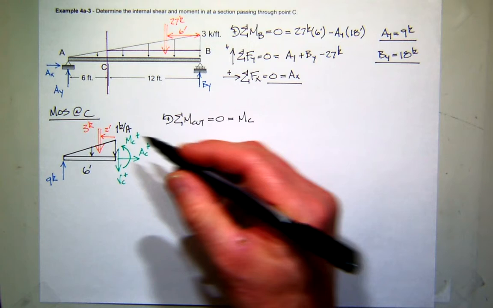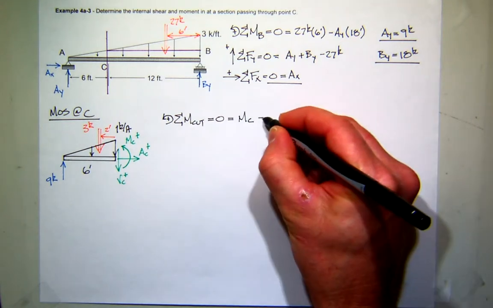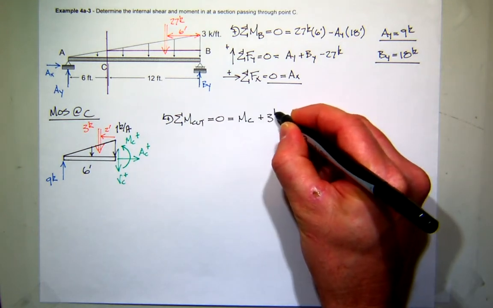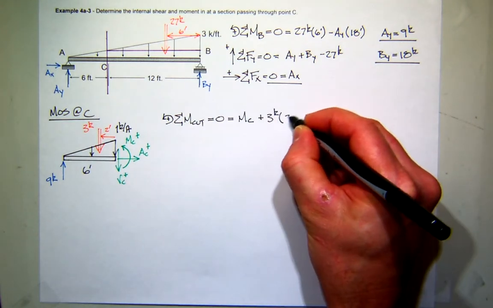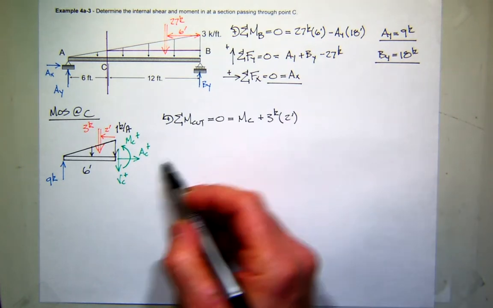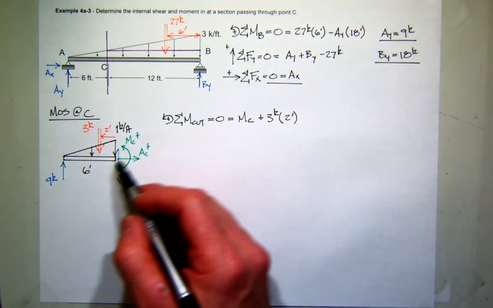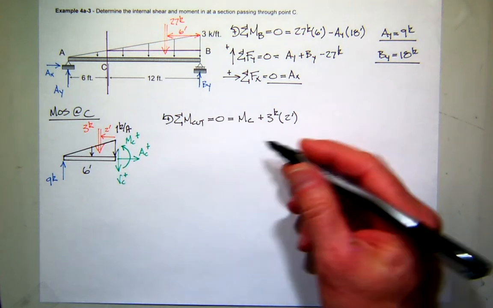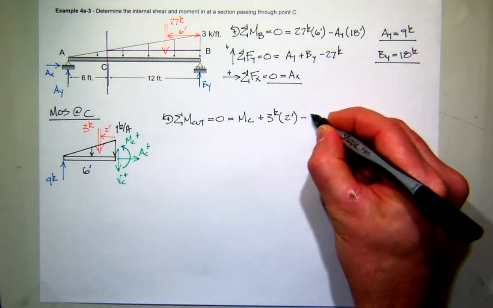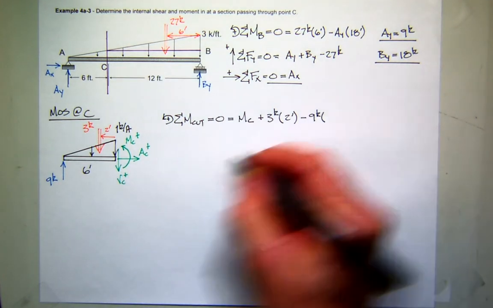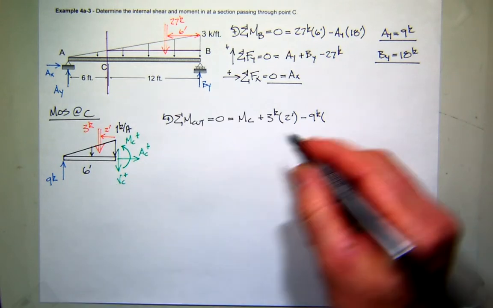Positive or negative? Positive. So the force is 3 kips and the moment arm is 2 feet. And then I slide over to this 9 kip force at reaction at A. What kind of moment is it creating about C? Positive or negative? Negative. So that'll be 9 kips. Its moment arm is 6 feet.